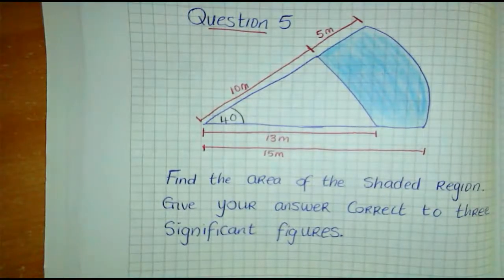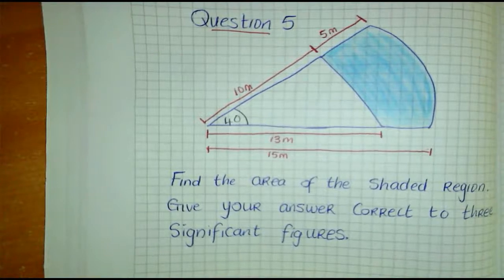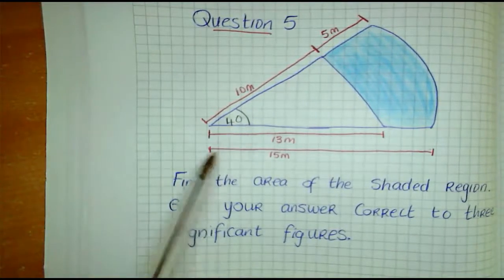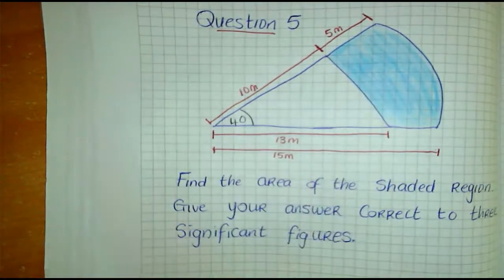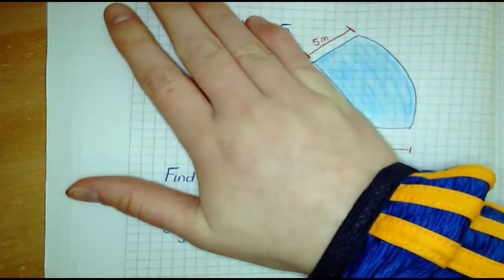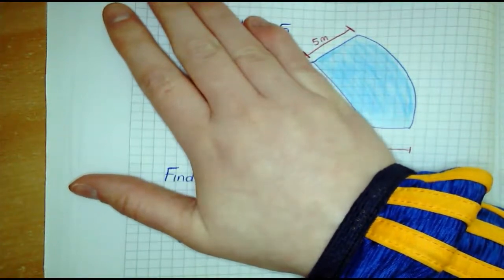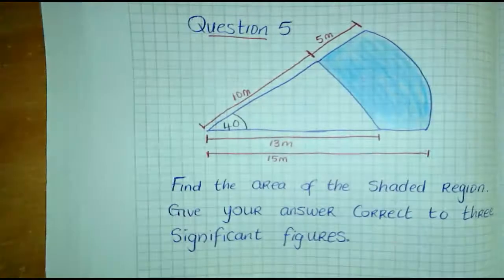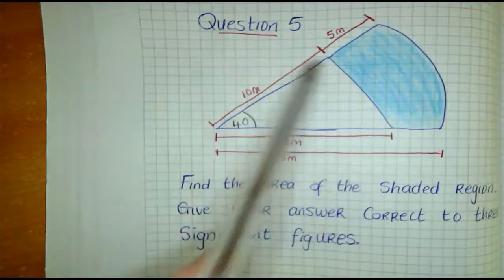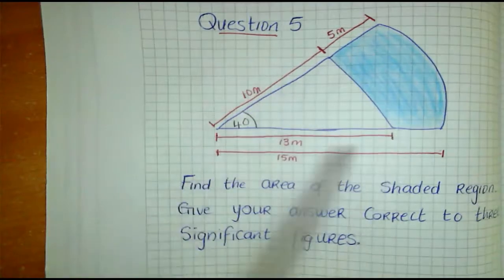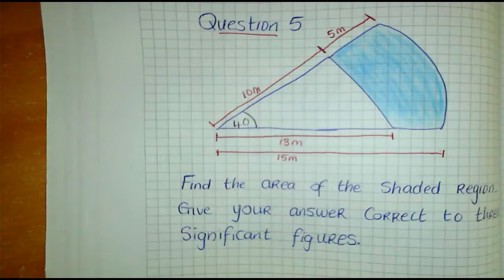If I found the whole arc, using the formula for the area of a sector with your degree and your full length, and then found the area of the triangle and took it away, I'd be left with the area of the shaded region, wouldn't I? So I think that's how you're going to go about doing it. So remember the formula for the area of a triangle: it's half AB sine C, remember? So give that one a go as well.